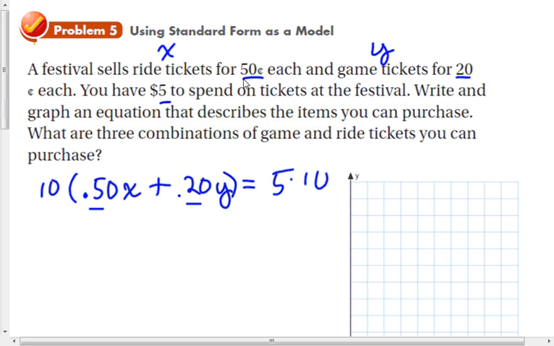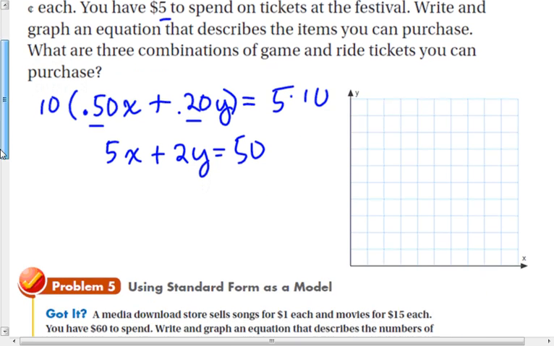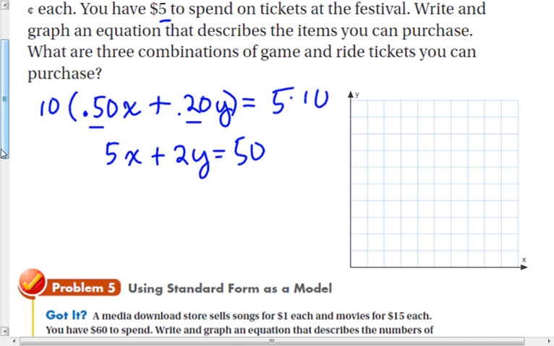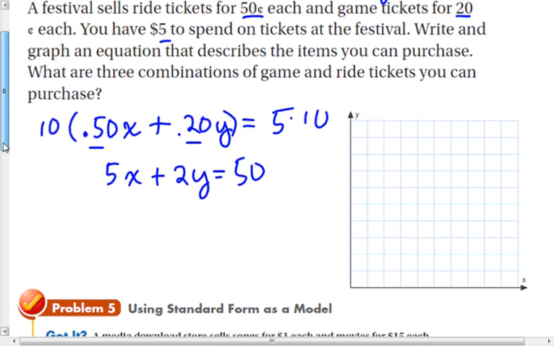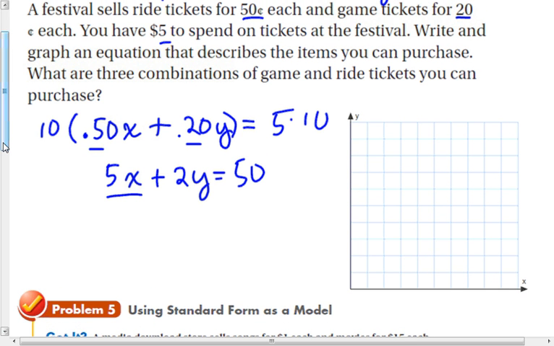And so now we get 5x plus 2y is equal to 50. Okay, now if I graph that, 5x plus 2y equals 50. And think about this. If you spent all your money on ride tickets at 50 cents each and you had $5, so 50 divided by 5 is, that means you could buy 10 of those.